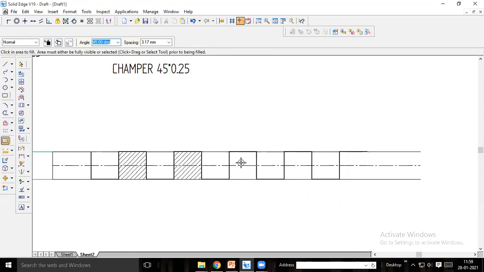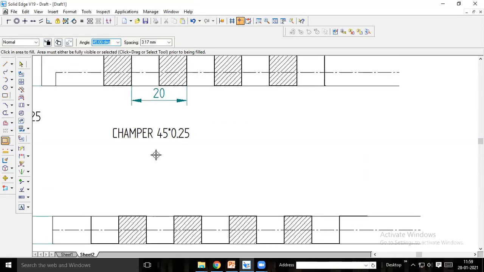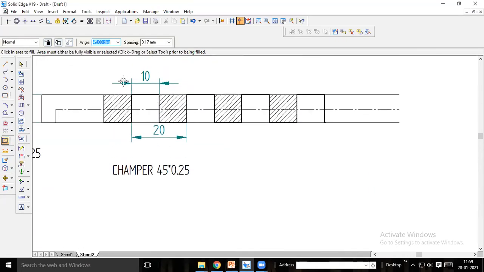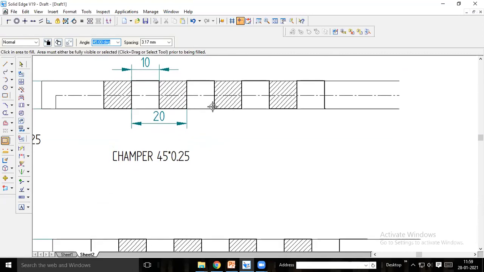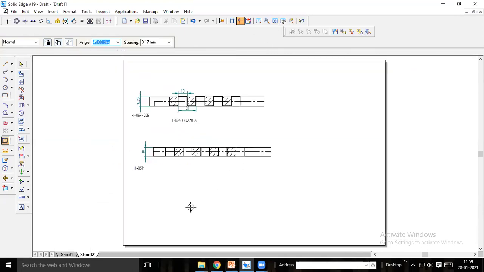The thread is open to the upside here, external thread. Whereas an internal thread is open to the inside, towards the center. Is it clear? Yes, sir.